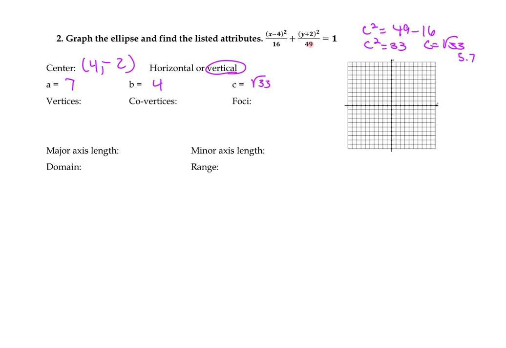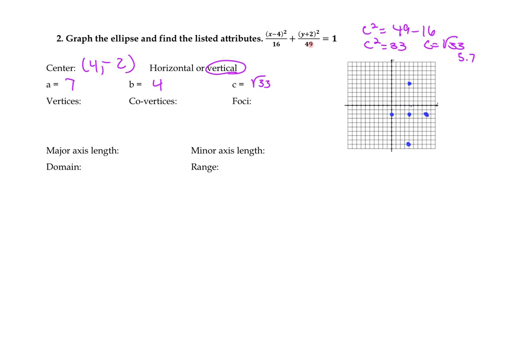Now we're going to put this into action. I'm going to put my center on at 4, -2. And then I'm going to go up 7, down 7. So there's my major axis. I'm going to go back to the center and go left 4 and right 4.